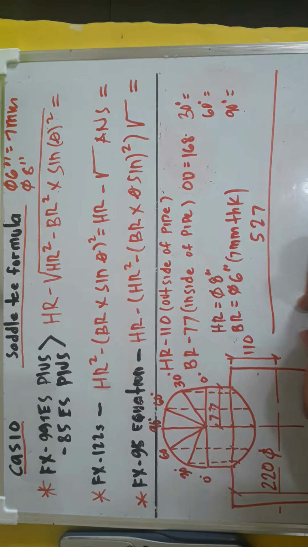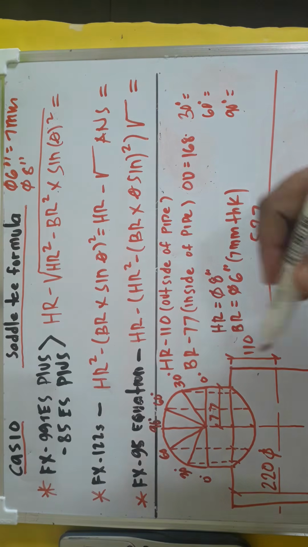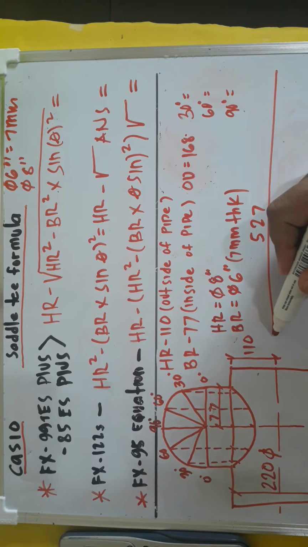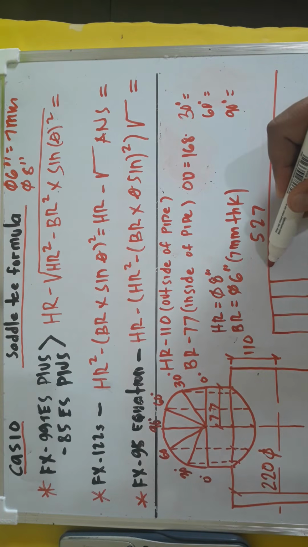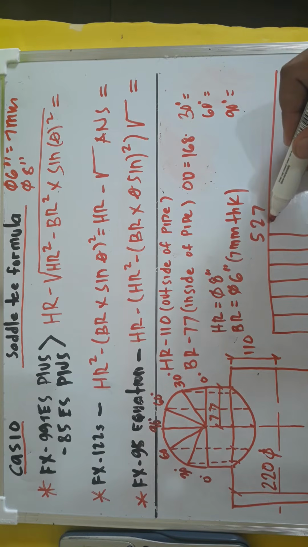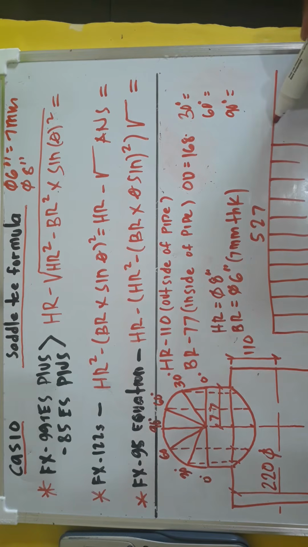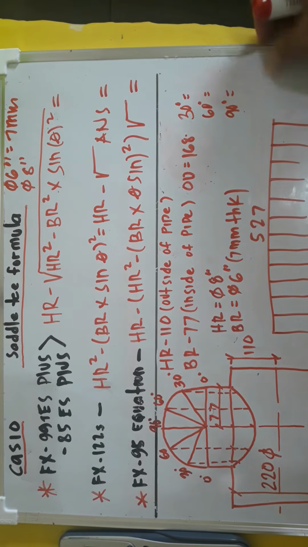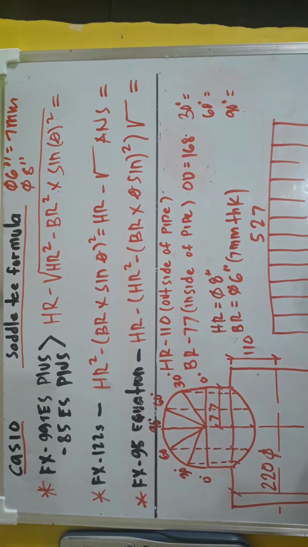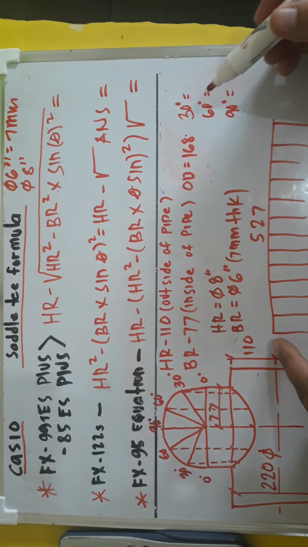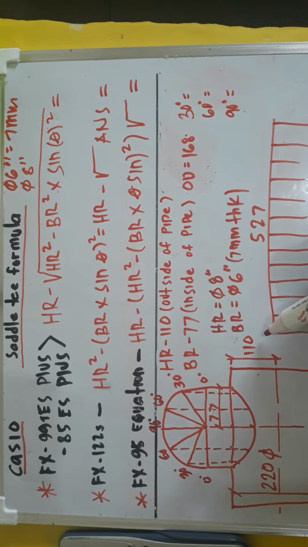You make 12 equal parts here. So let's say this is 1, 2, 3, 4, 5, 6, 7, 8, 9, 10, 11, 12. So now this is your 0. This is the 0, and this is also the 0.